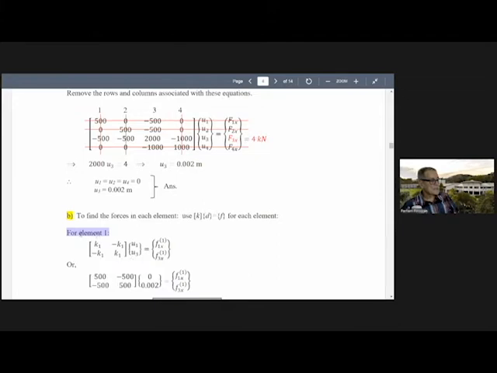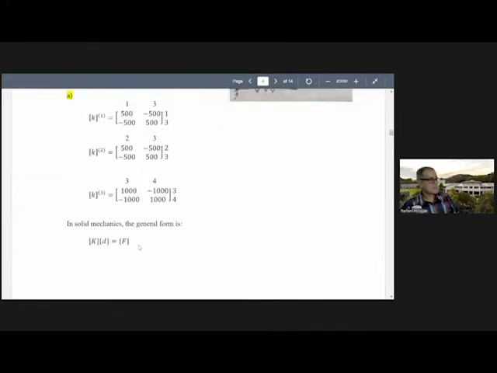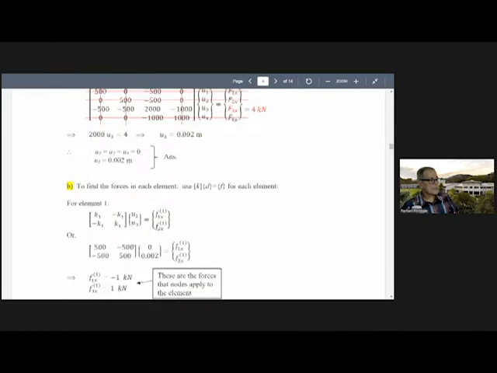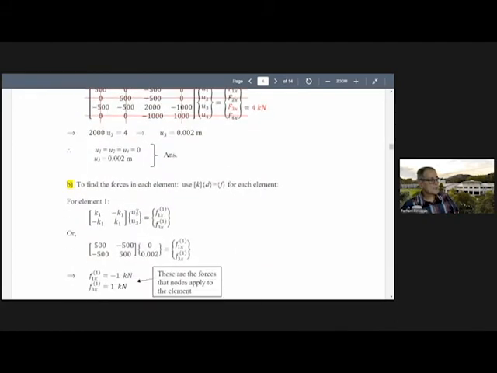Element 1 has node 1 and node 3, according to our connectivity table. Remember, this connectivity table gives for element 1 nodes 1 and 3. So nodes 1 and 3 go here, U1, U3. The force vector is at node 1 in the x direction, at node 3 in the x direction, and this is for element 1, so we put a 1 here just to specify element 1.